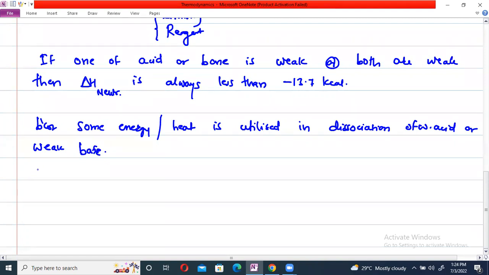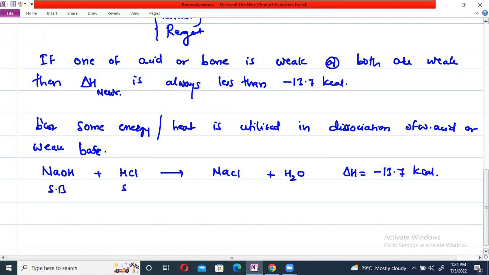Example I'll tell you. Suppose this is a strong base and this is a strong acid. They combine together to form the salt and water, and we can say delta H equal to minus 13.7 kilocalorie, because both the strong base and strong acid are there.